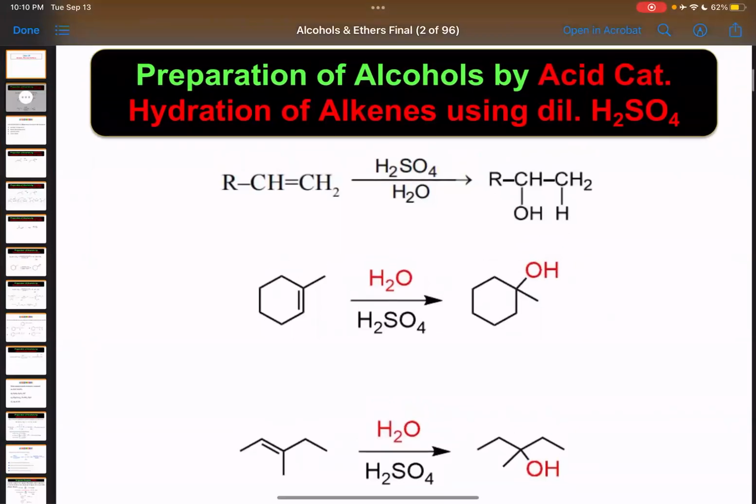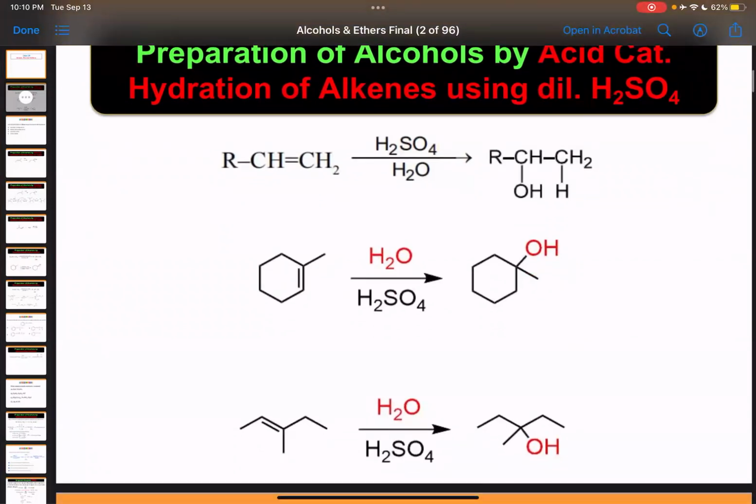Which is this method? Acid catalyst solution, sir. Yes, this is simply addition of water. Why have I not taken alkanes? Because alkanes are considered very less reactive. So that's why I have not taken the alkane.